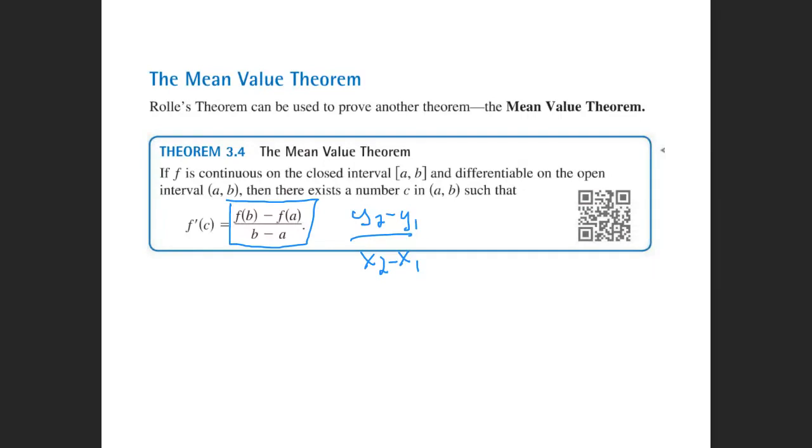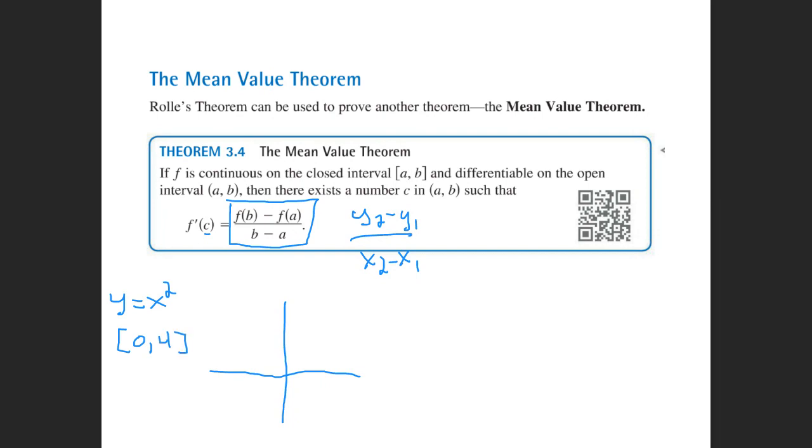All right. So what they're saying for the mean value theorem is that there is some value of c where the derivative equals the slope. So let me give you a visual example. I'm just going to do y equals x squared on the interval 0 to 4.